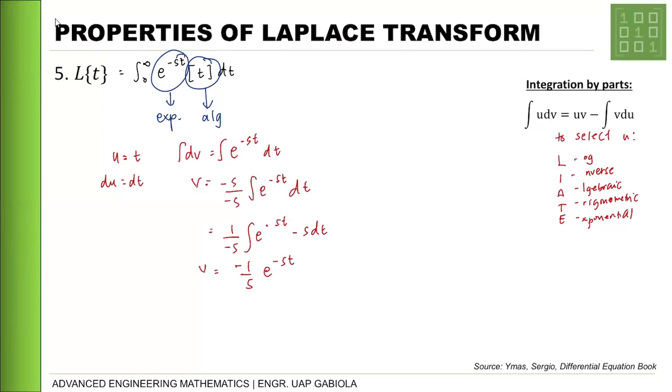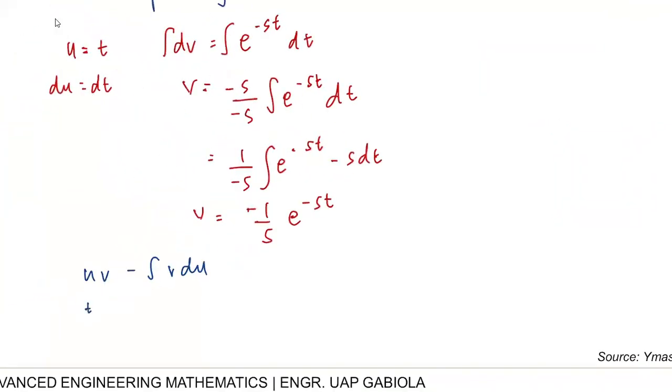So, we apply this to our integration by parts. So, using this equation, uv minus integral of v du. So, our u is t times v, so negative 1 over s, e^(-st). But since we are performing integration, be mindful that we have a limit of 0 to infinity. Okay?